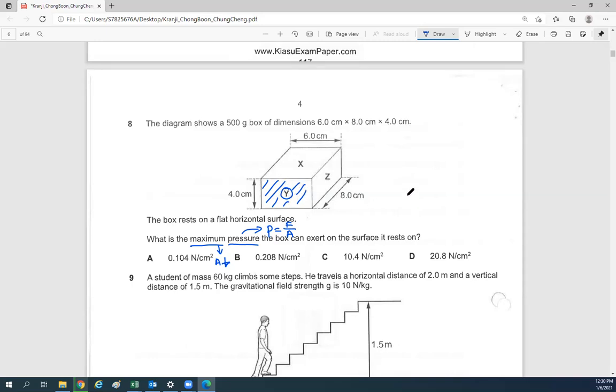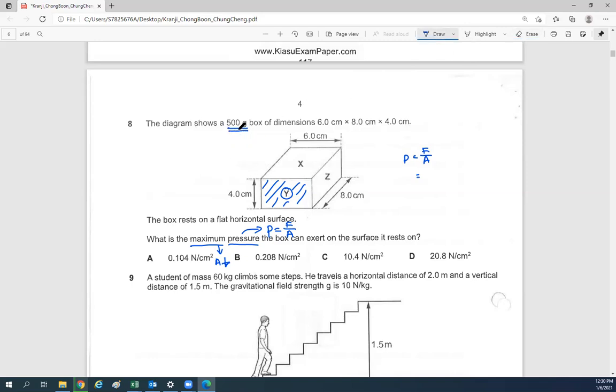Okay. So the maximum pressure is force over area. The force is not 500 grams. It is not 500 grams. I have to change this fella to Newton.